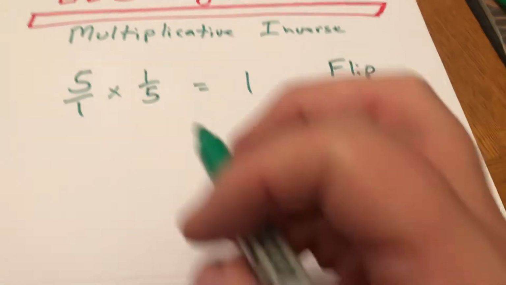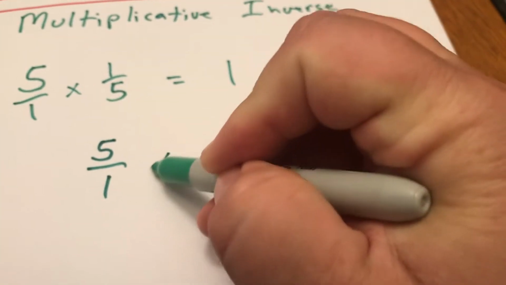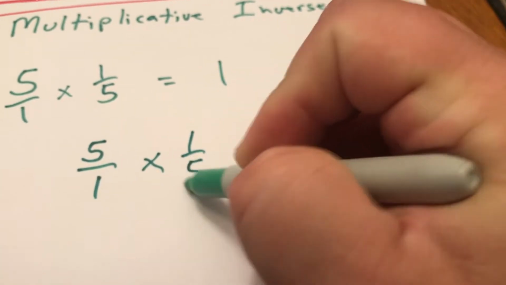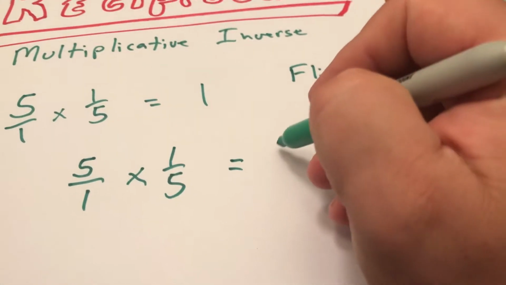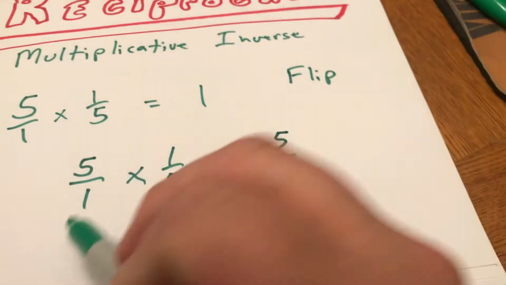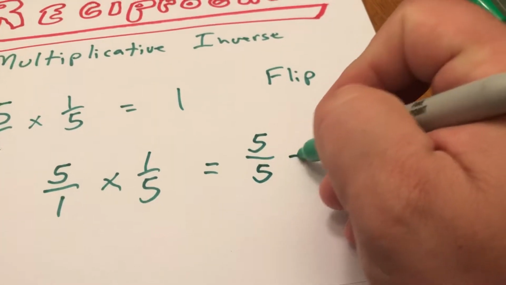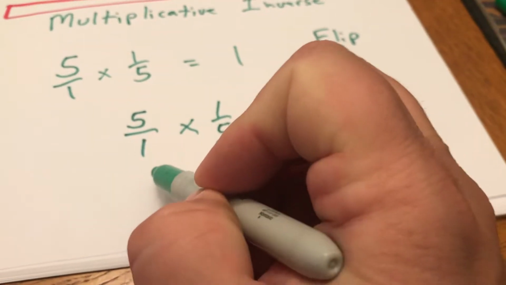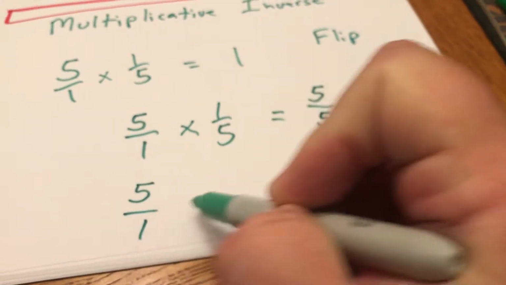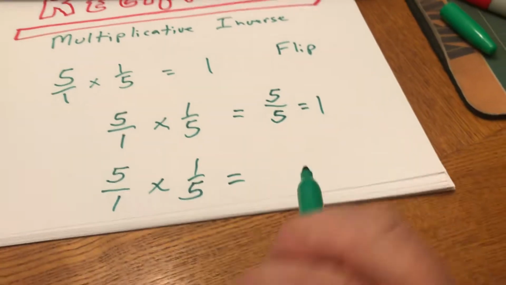And just a quick little refresher, when we are multiplying fractions, we have 5 times 1/5, and we can do this two ways. We can multiply the numerators, 5, and multiply the denominators, 5, and that simplifies to 1. Another thing you can do is, with 5 over 1 times 1/5, there's something called cross canceling.